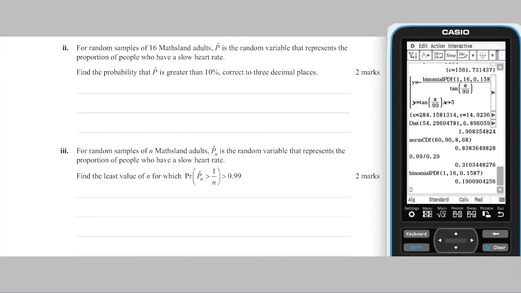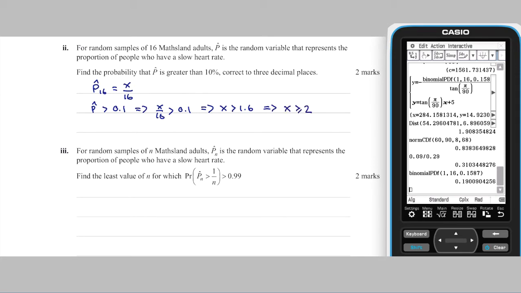Part C, Part 2. We are introduced to the variable p hat, where p hat is a proportion drawn from a sample of 16, and hence is equal to x divided by 16. The question of p hat being greater than 0.1 becomes a question that x divided by 16 is greater than 0.1, or in other words, x is greater than 1.6. Given its discrete nature, we need to consider x greater than or equal to 2.